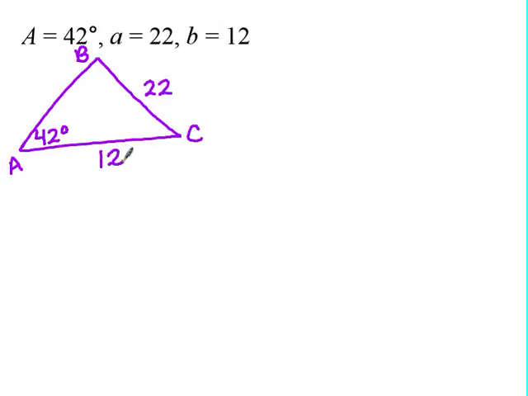So when we draw a triangle, we notice I've got side, side, angle. So automatically we know there's a possibility that I will get two solutions. So I'm going to go ahead and write both solutions down, and then that way I know that I need to always find two solutions.